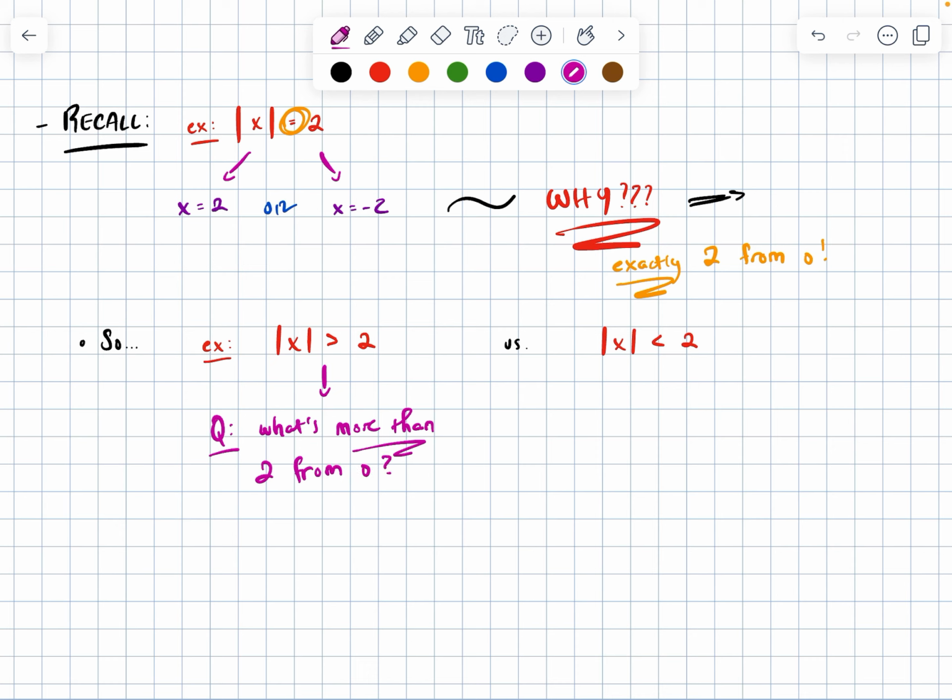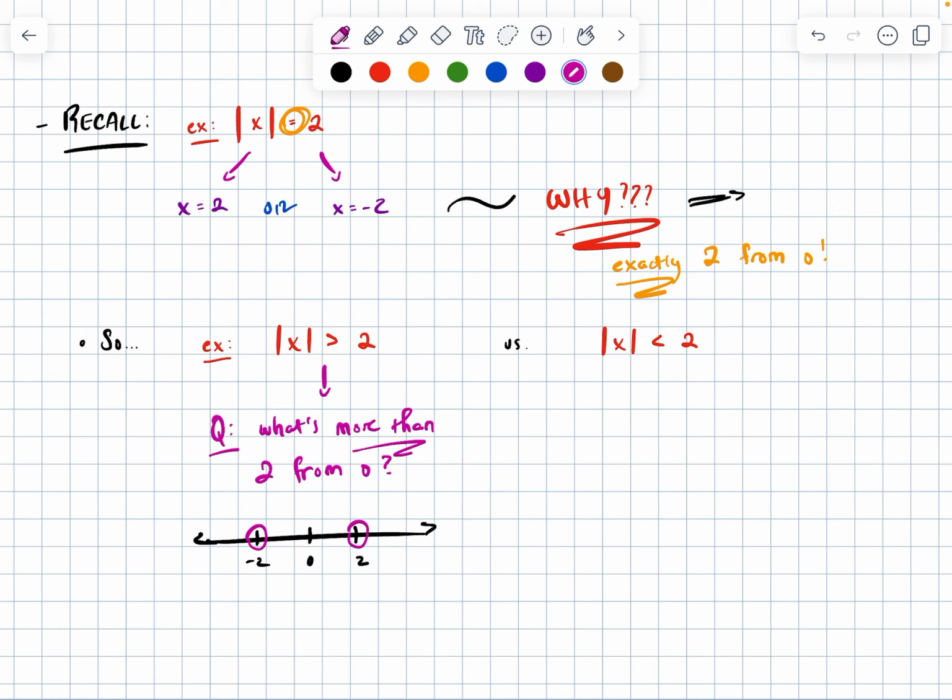And on the number line, if I've got my negative 2 and my positive 2, that's the stuff that's exactly 2 away. I can't have 2 and negative 2, so let's give those open circles.